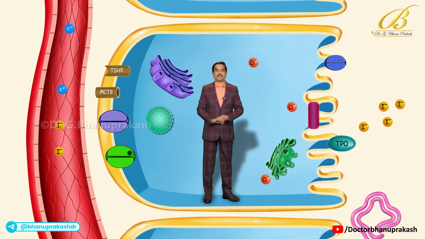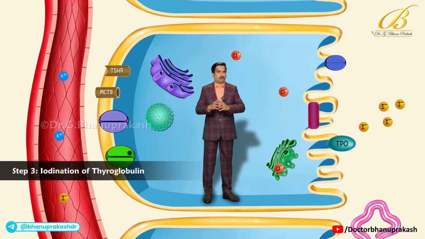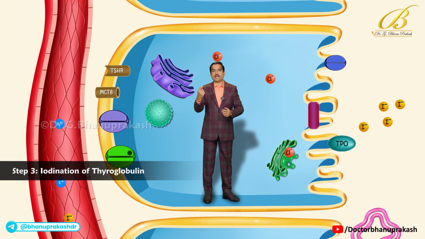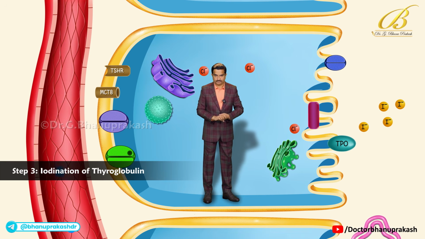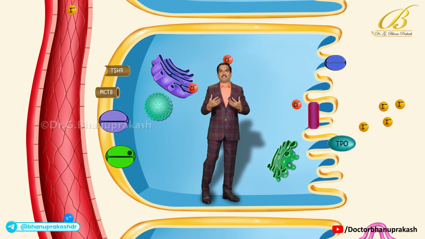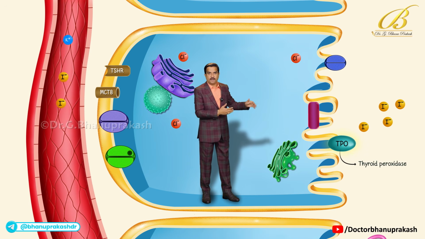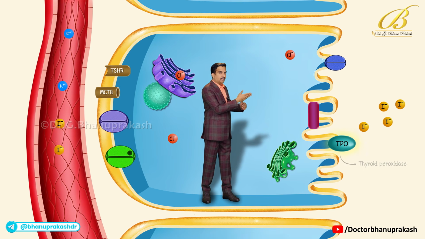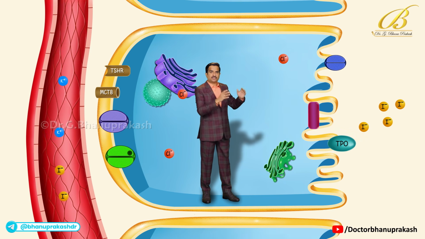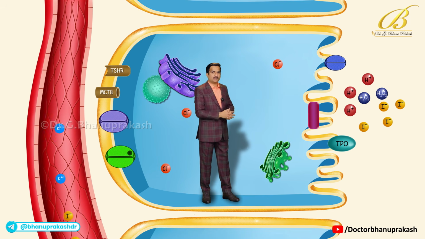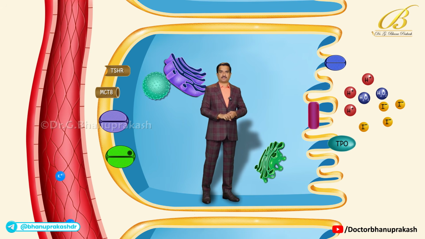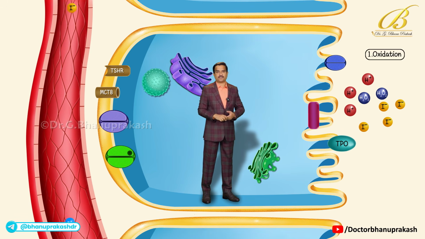Now let's focus on step 3, which is a very important step known as iodination of thyroglobulin. This is where the real magic happens, all thanks to the enzyme thyroid peroxidase, which sits on the apical membrane. This TPO performs 3 major actions. First is the oxidation.